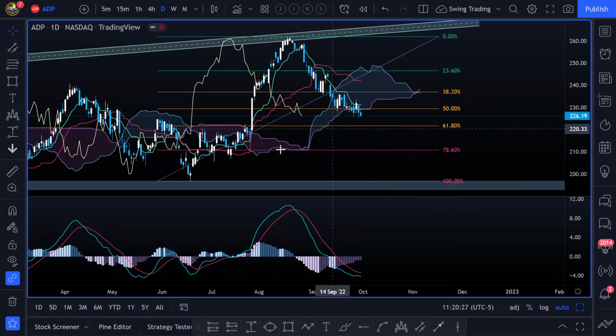So I think if the price is not able to hold this level and it breaks below the 61.8 Fibonacci level, it will go lower and target this previous support at 195.